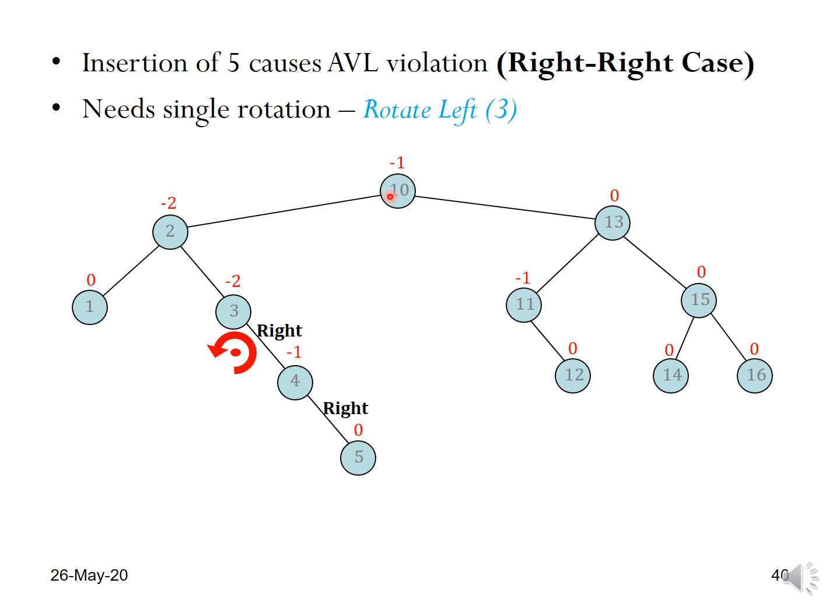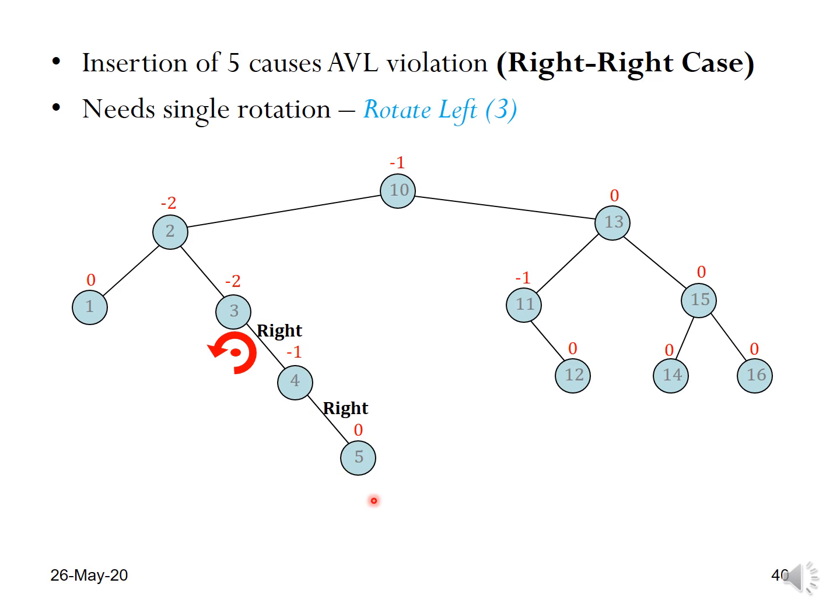And this one is 4 minus 3, so it will be plus 1, but it is written minus 1 by mistake. But we will focus on these two nodes because their balance factors are minus 2 and minus 2.